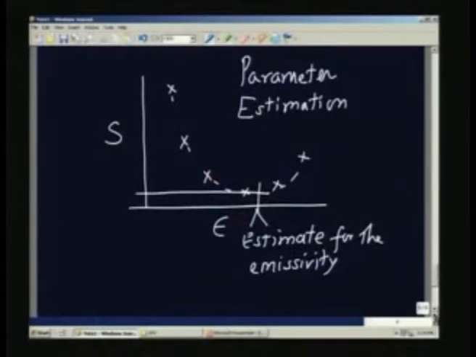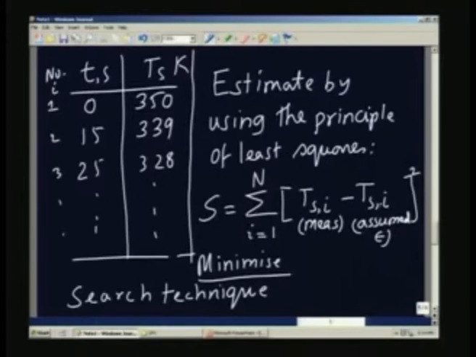Because in the previous slide, this is nothing but the error between the measured and the assumed value, obtained with an assumed value of epsilon. If the value of epsilon is the correct value, I should get the smallest error, because then these two should be closest to each other.